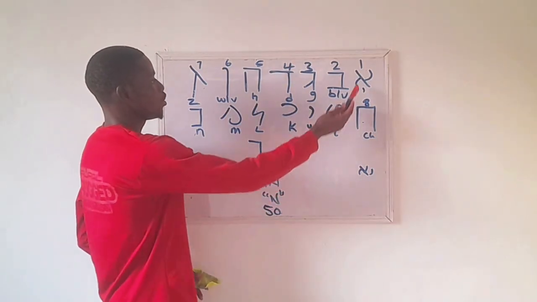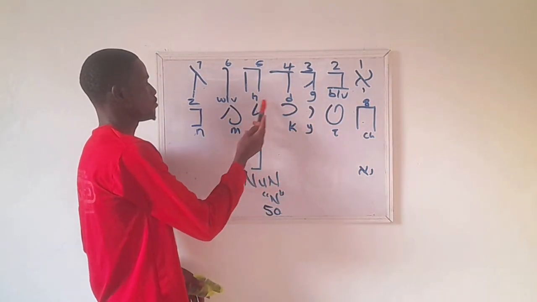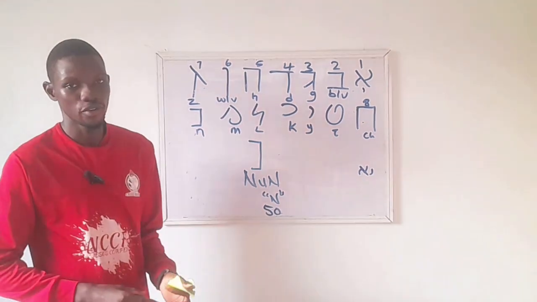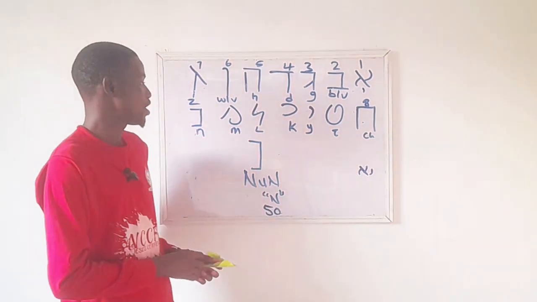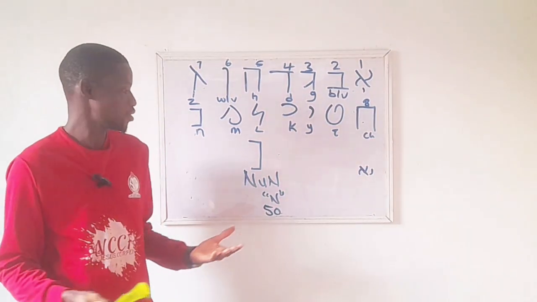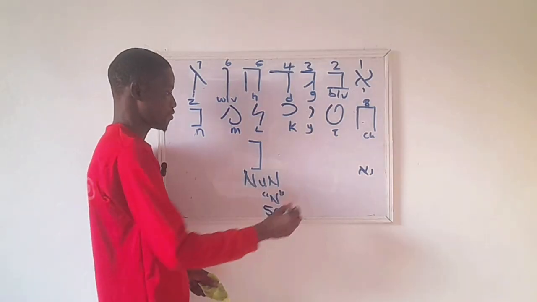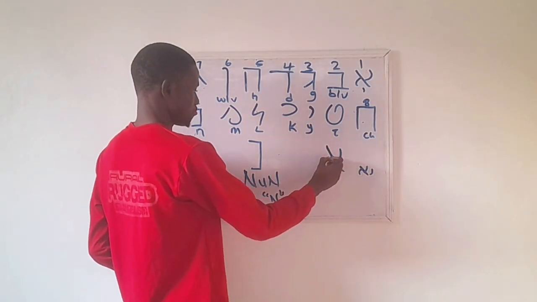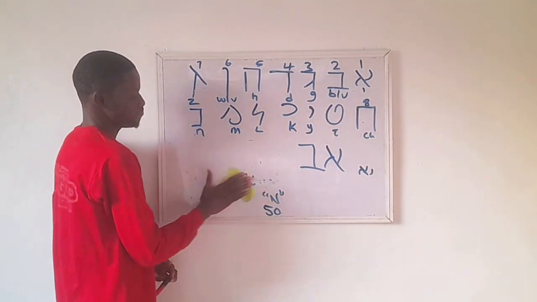So we have written 1, 2, 3, 4, 5, 6, 7, 8, 9, 10, 11, 12, 13, 14, 14 out of the 22 letters of the alphabet. In the next class we complete the alphabet and also look at some other words. We have also written 3 words. We have learned Av, which is father.